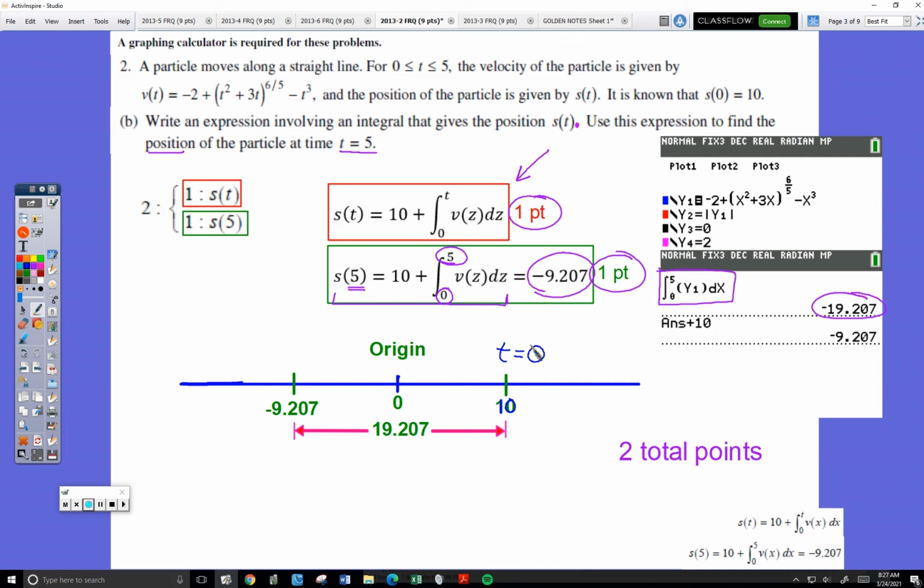And however the particle moves, the integral from 0 to 5 of the velocity tells us how different the position is at 5 compared to the position at 0. So that's what this number represents, how different the two positions are. Therefore, we're able to compute that this must be the position at time equal 5. This is where the particle is located. 2 total points for part B.